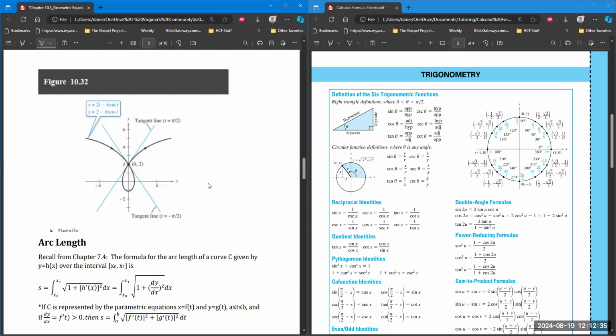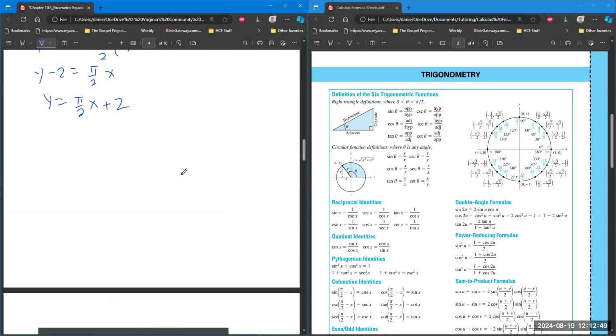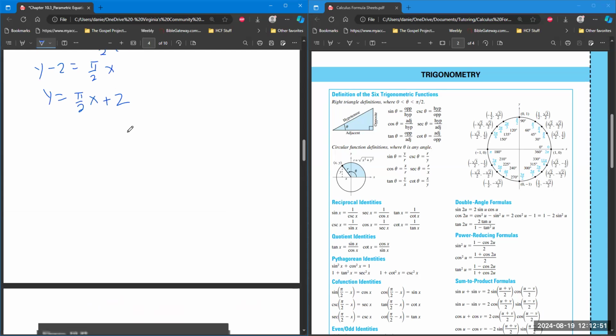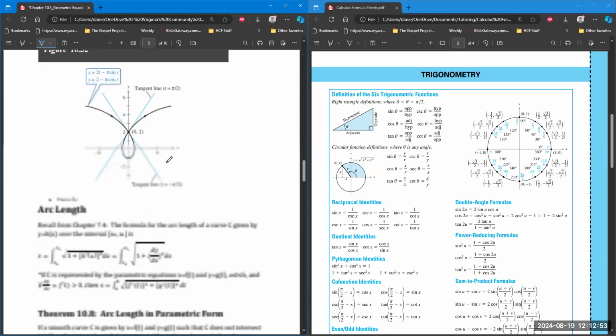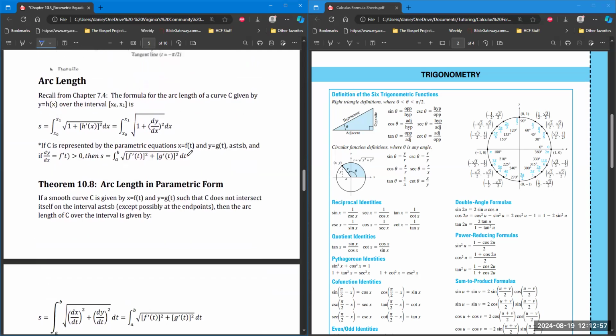They are given by the equations here: when t is equal to pi over 2 and when t is negative pi over 2, we get these two equations of these tangent lines that we found. All right, let's move on and let's talk about the idea of arc length.